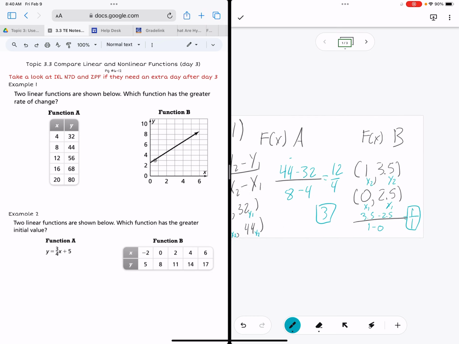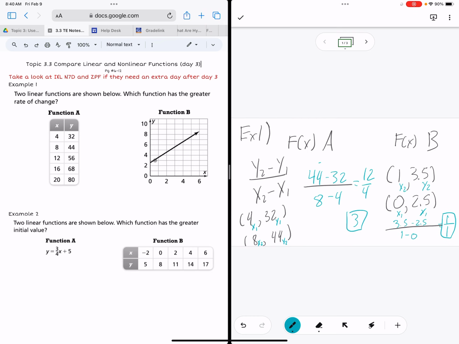Now, these are not our answers. What is the question asking for? Which is just fancy for what? The slope. And which one has a greater slope? Function A or function B?